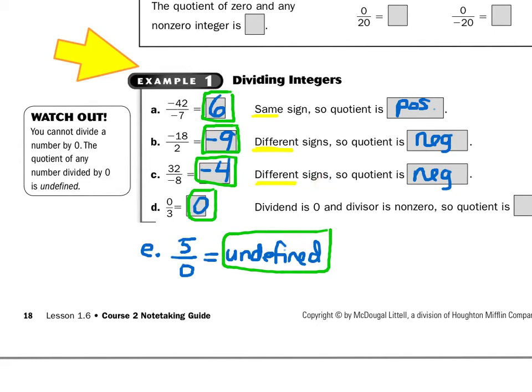Again, they have different signs. And look at D. 0 divided by 3 is 0. As long as 0 is in the top, in the numerator, we'll have 0 as an answer. But please add example E. Let's say I had 5 divided by 0, where 0 was in the denominator. Remember, that is an undefined answer. There is no number answer for that.